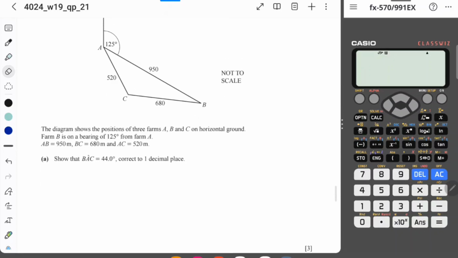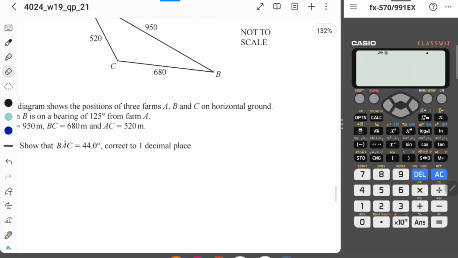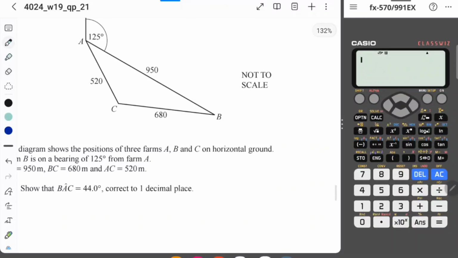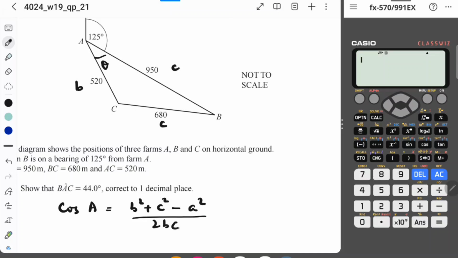Now look in front. In this question, angle A is required. So you can see, for example, if I'm going to name it, this is A, opposite to C is side C, and opposite to B is side B. I have to find out angle A, which is theta, BAC, and I'll have to show it. So then cos of A is equals to b square plus c square minus a square upon 2bc.